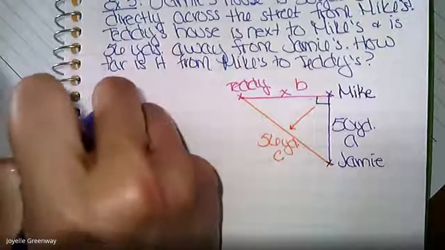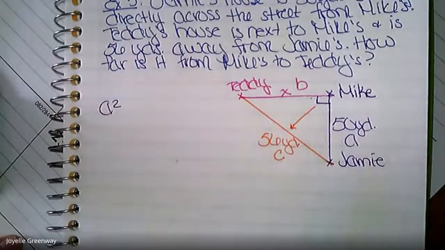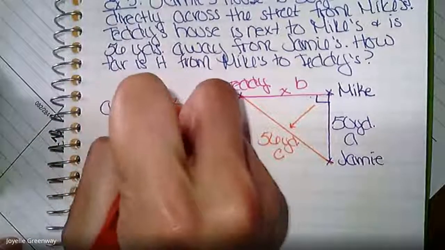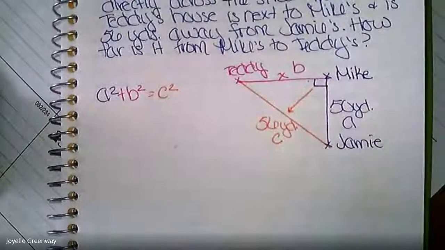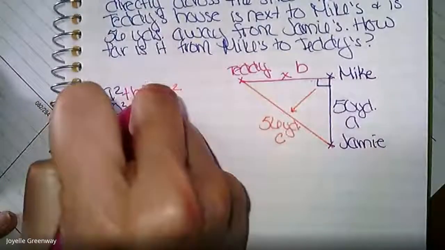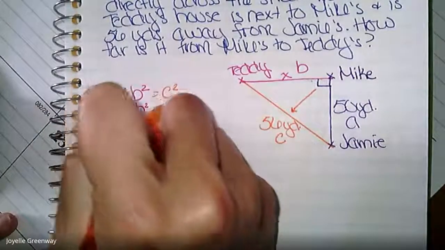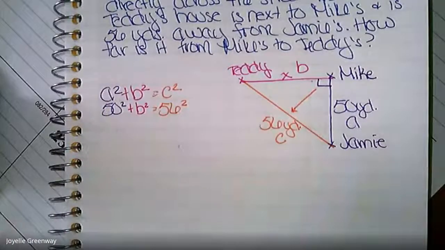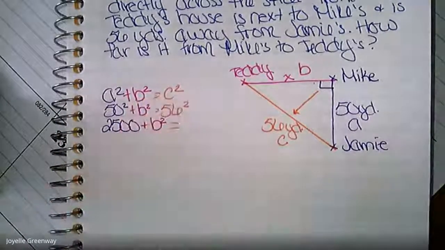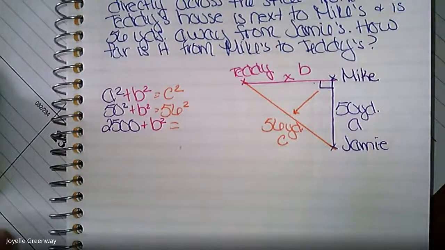So now I have A squared plus B squared equals C squared. A is 50 yards, so 50 squared plus B squared equals 56 squared. 50 squared is 2,500 plus B squared equals 56 squared, which is 3,136.